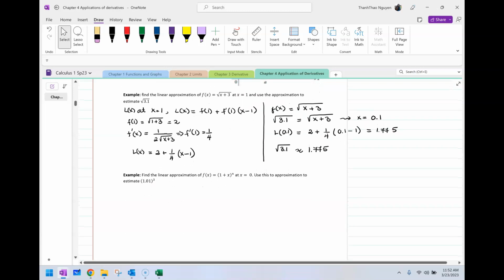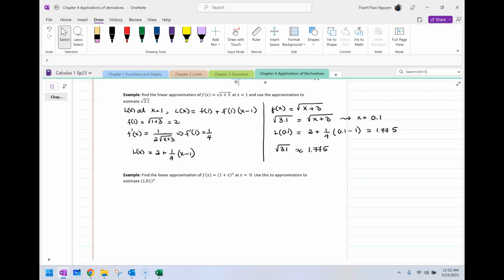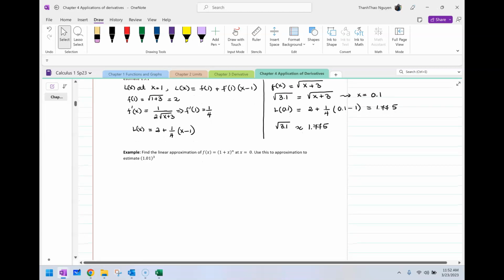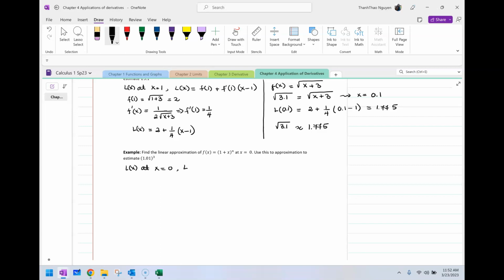Find the linear approximation of f of x equals 1 plus x to the n at x equals 0, and use this approximation to estimate 1.01 to the third. Again, L of x at x equals 0 is f of 0 plus f prime of 0 times x minus 0.